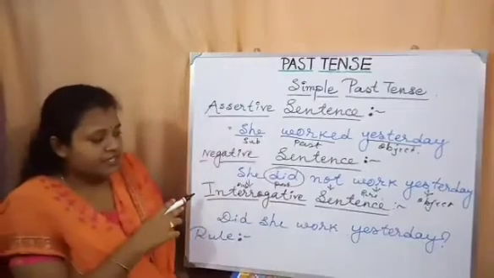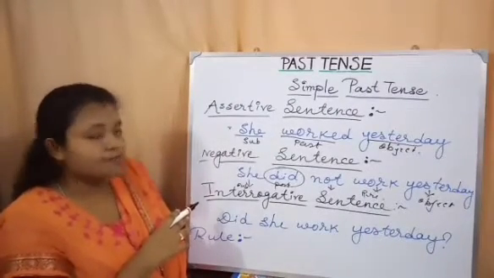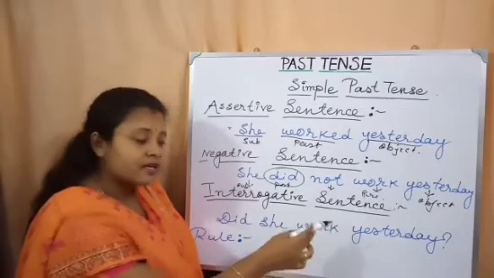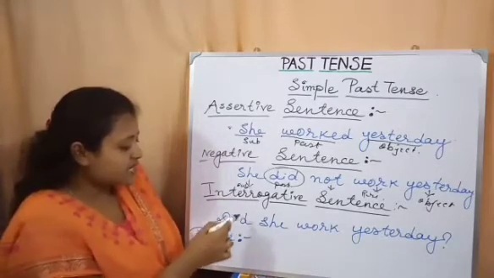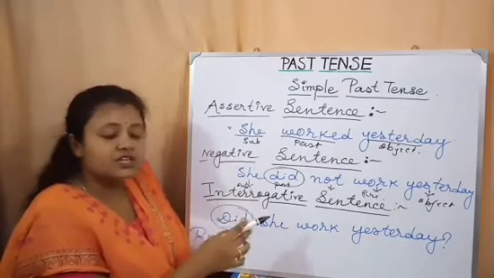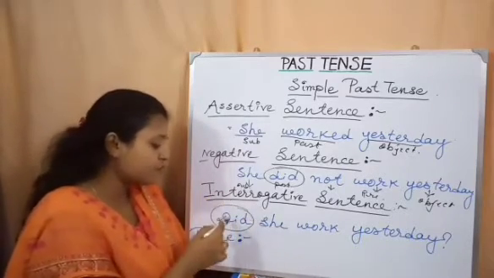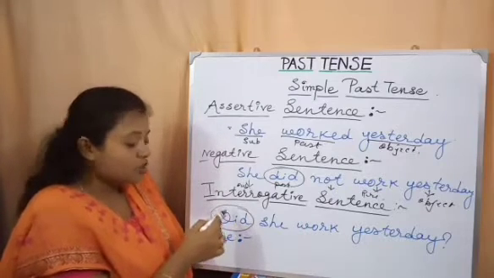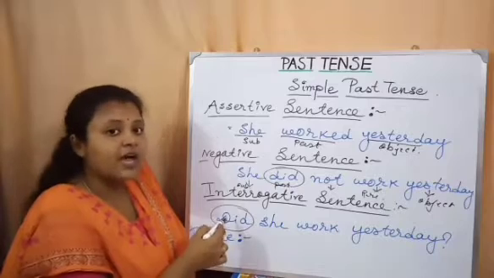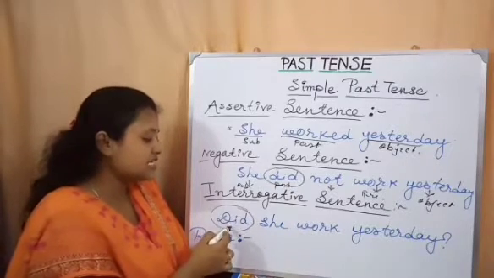Now come to the interrogative sentence in simple past tense. Did she work yesterday? Here I have started the sentence with did, because in writing an interrogative sentence you have to write the auxiliary verb. At first you have to start the sentence with an auxiliary verb. So here, did.